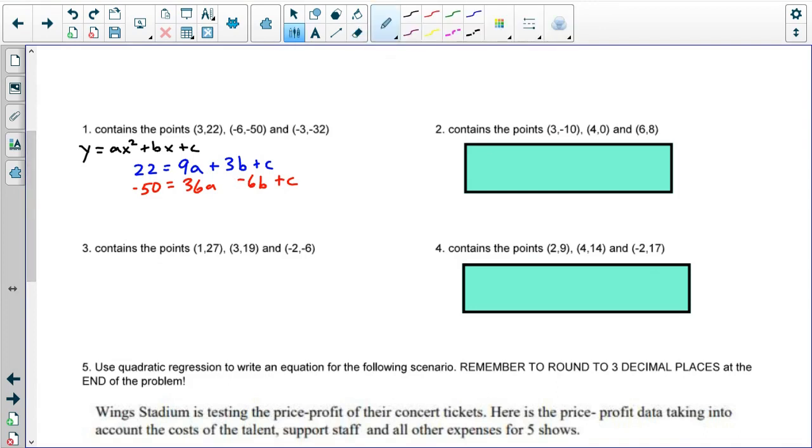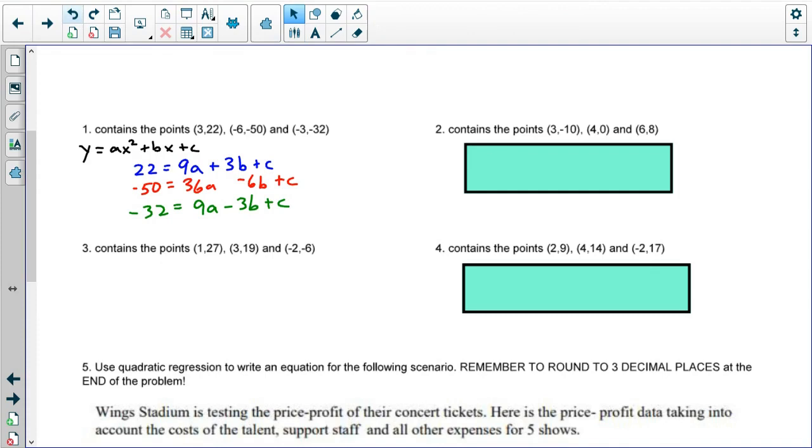And then my third equation would be -32 equals, I sub in -3 squared, I get 9a minus 3b plus c. And then I have this 3 by 3 system that I'd have a lot of fun solving. It's actually not too bad because all of these values here end up being pretty easy to eliminate.